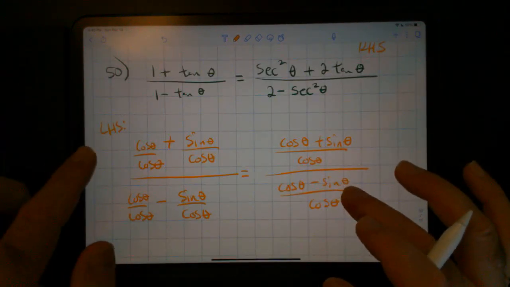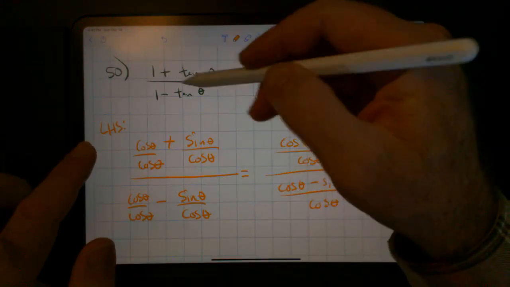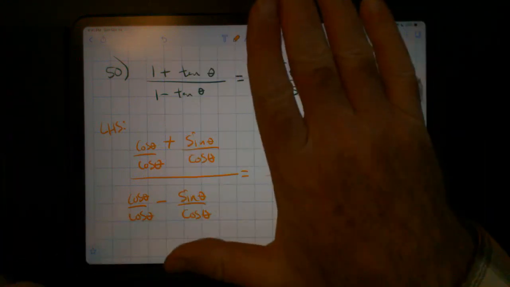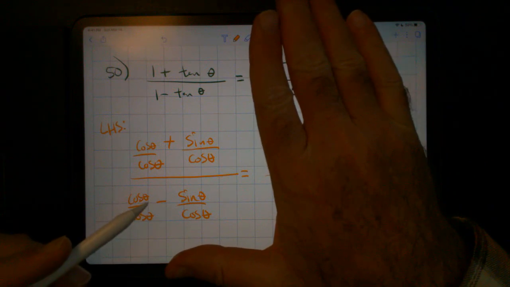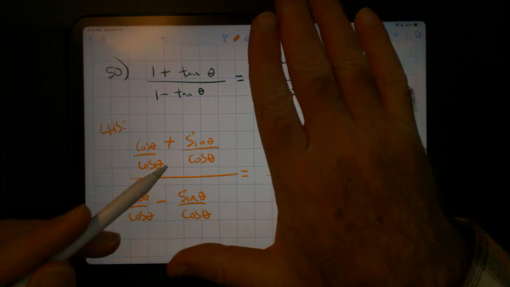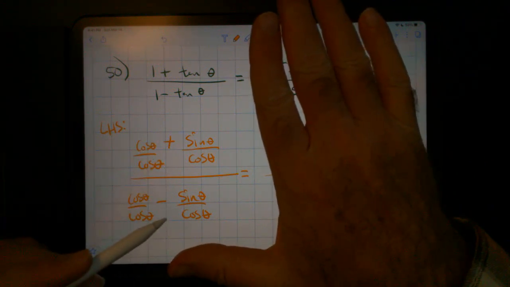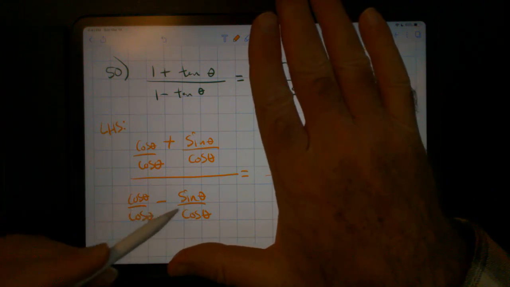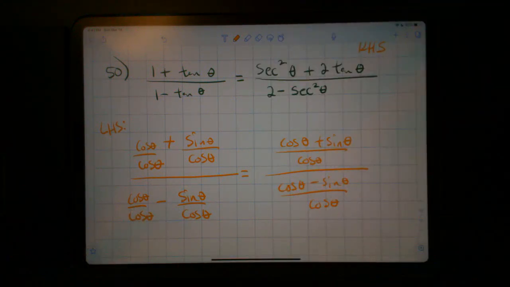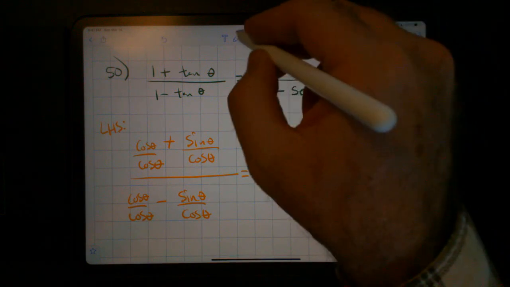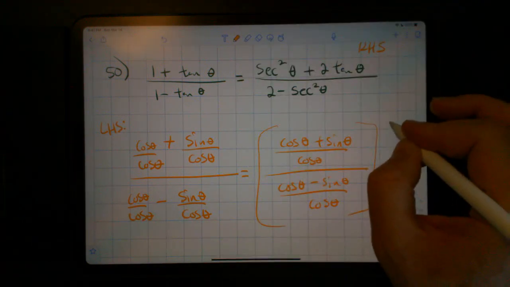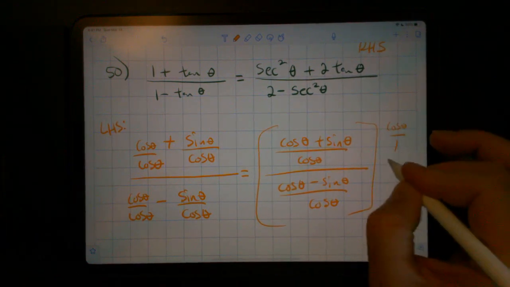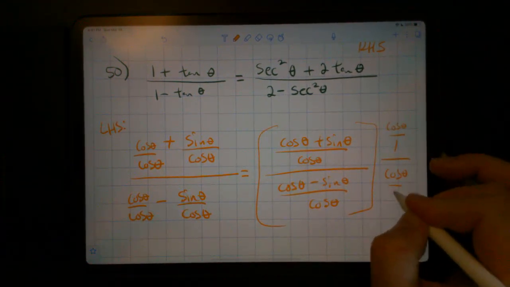So just looking at the left-hand side, this is equal to all of this. And then when you're adding fractions with the same denominators, add the numerators. Subtracting fractions, same thing, same denominators, subtract the numerators. So we have this configuration. Multiply all of this by the same non-zero number divided by itself, say cosine theta over 1 all over cosine theta over 1.